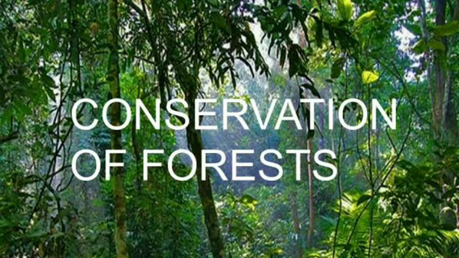According to the national policy of 1952, about 33% of the total geographical area of India should be covered with forest. However, our forests are covered only in 23%. Gujarat is far behind with just 10% of its area under forest.